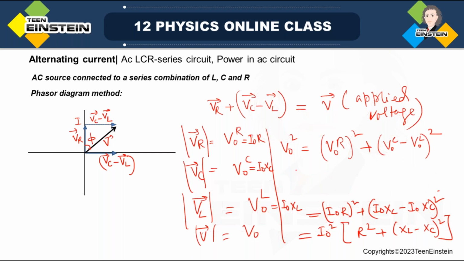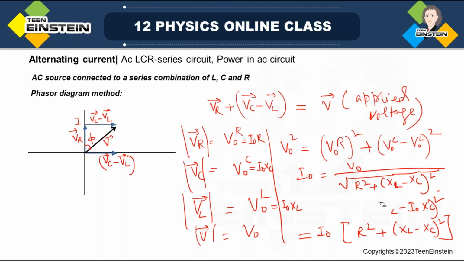So what we had got, we had already calculated I0. I0 is equal to V0 divided by the square root of R square plus XL minus XC whole square.